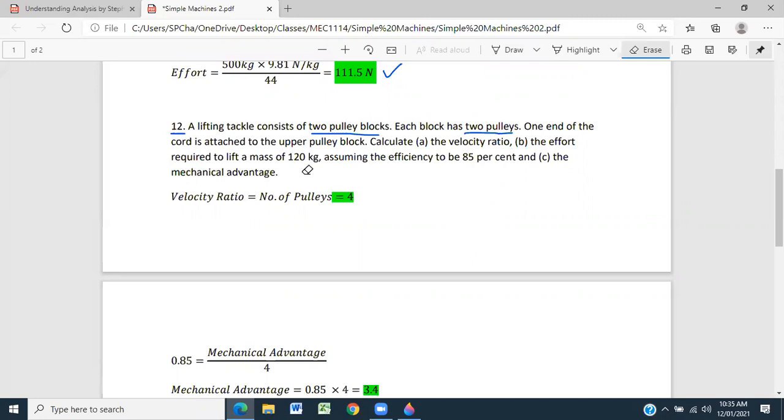So that's what we put down: 2 blocks at 2 pulleys each, right? 2 pulleys each. So 2 by 2 is 4. So the number of pulleys in the system is equal to the velocity ratio. And that's it. That's simple. That's as easy as it gets for the pulley. The number of pulleys within the system, that's the velocity ratio.